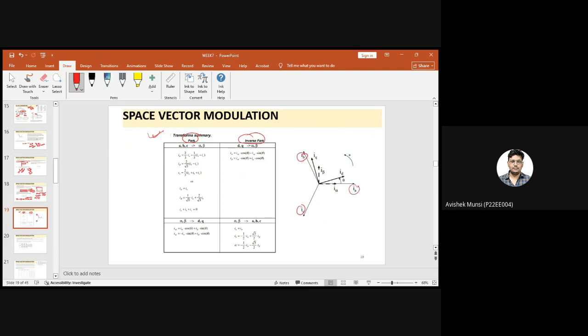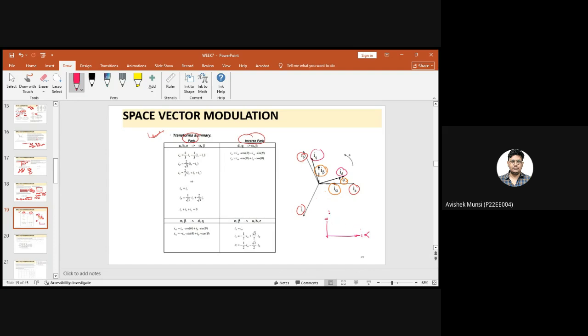ABC is basically converted into alpha beta, and alpha beta, by moving it by an angle of theta, we can make it in the axis of dq. What happens basically, we are getting an alpha beta like this.